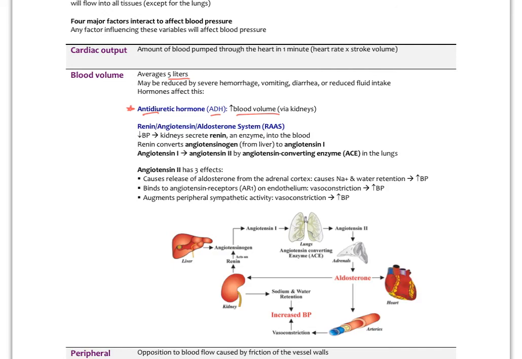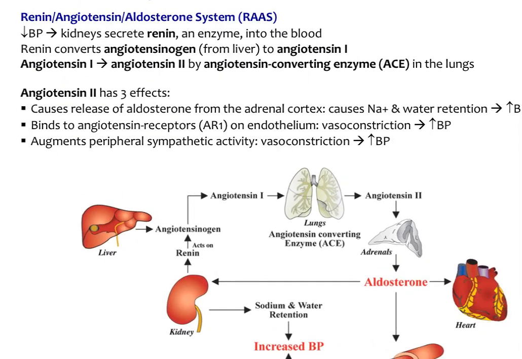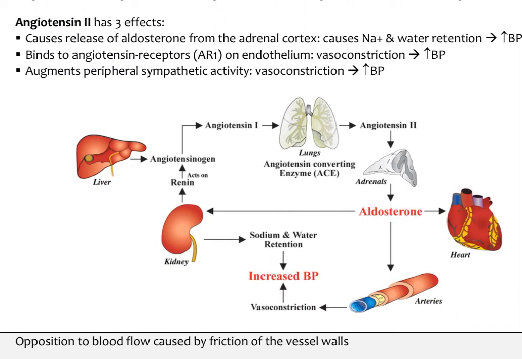But basically what happens is that the liver normally secretes this peptide called angiotensinogen. It floats around in your blood. It's inactive.